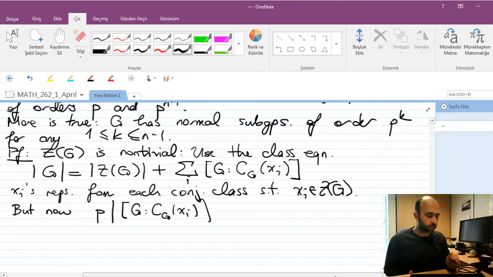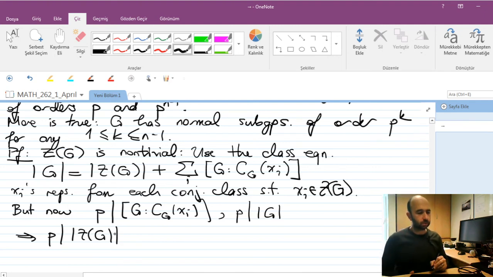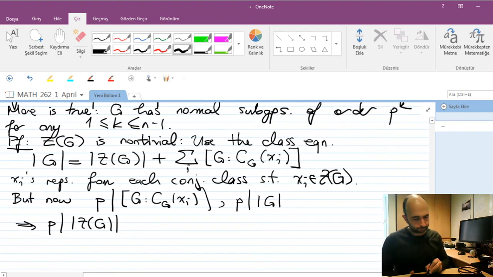Therefore, this group must have some order divisible by p, and also p divides the order of G, so this implies p must divide the order of the center. So the center is not trivial.